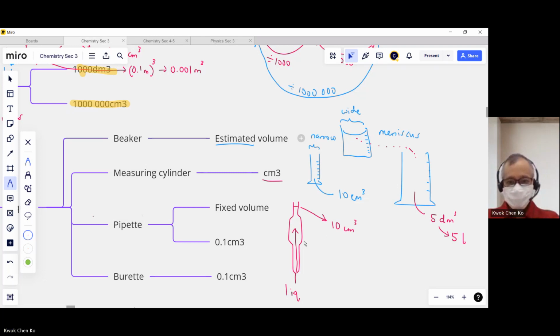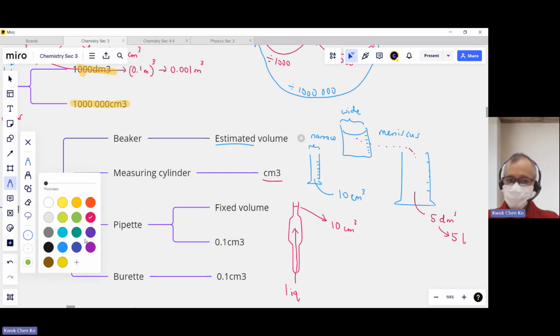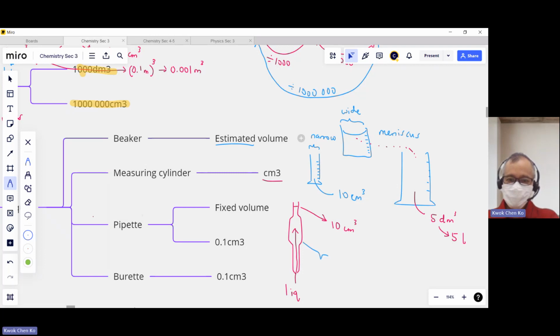It goes without saying, there are many different sizes for pipette. The smallest I've seen would be 1 cm cube. Again, it'd be good if you're here in the classroom so they can show you, it's just a very narrow tube.